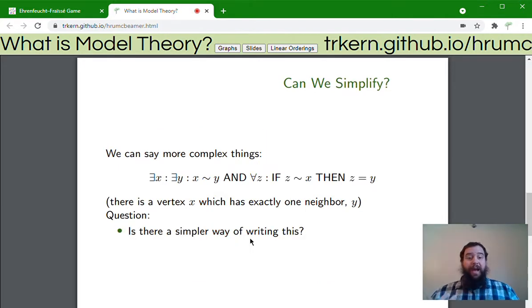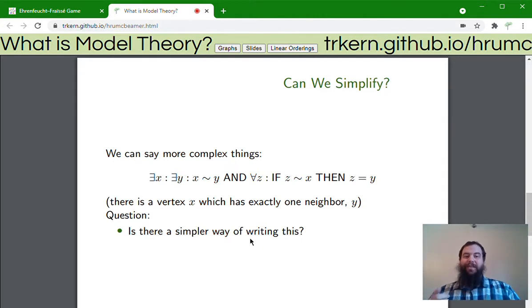We can also ask other questions, more ambitious questions than that even. For instance, one of the things that we can say is that, as I've written here, there is a vertex x and there's a vertex y such that x is connected to y, and for any vertex z, if z is connected to x, then z is actually equal to y.